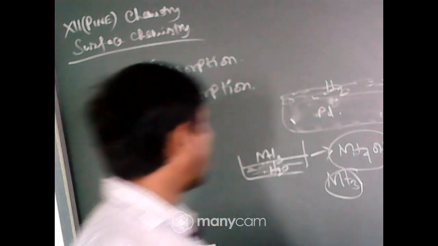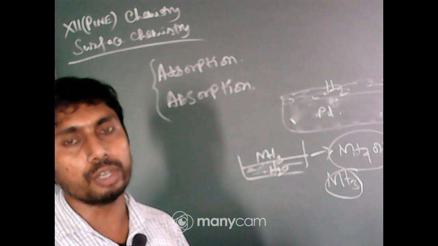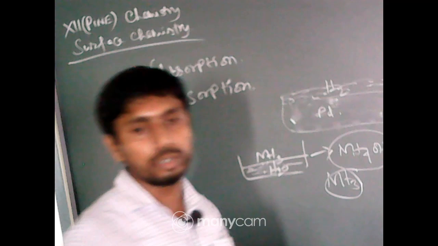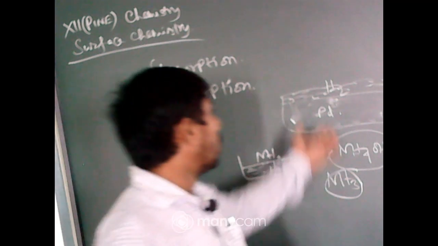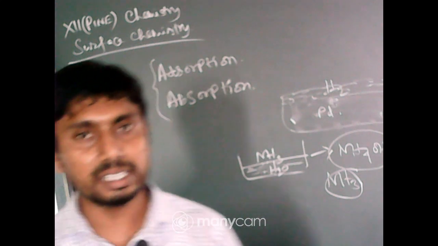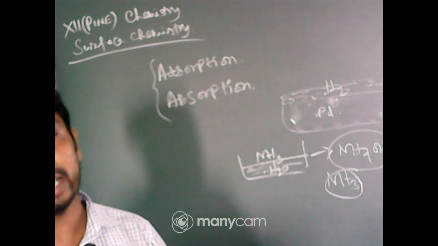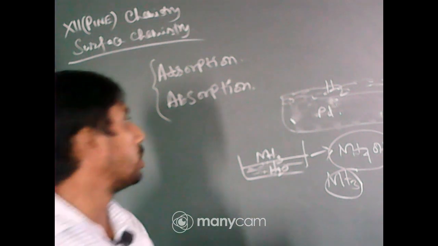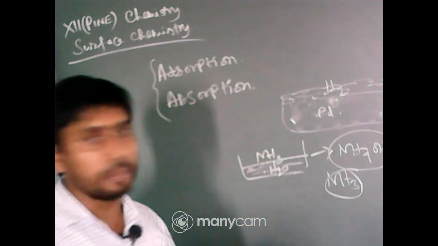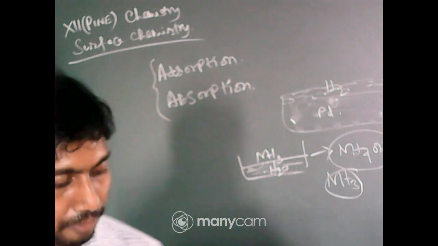That means the water molecules take the ammonia to make a uniform concentration of ammonia in the solution, but here the concentration of hydrogen gas will be on the surface only, because the particles in the bulk do not carry the hydrogen gas throughout the bulk. So, this is the difference between adsorption and absorption, which will be clear later. So, it is only on the surfaces.